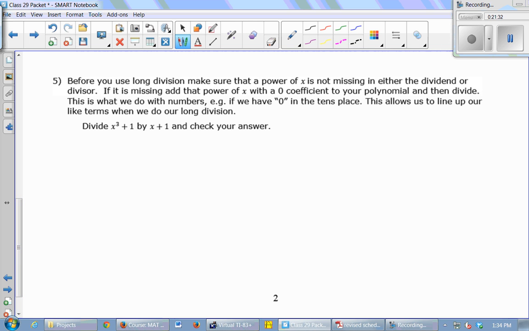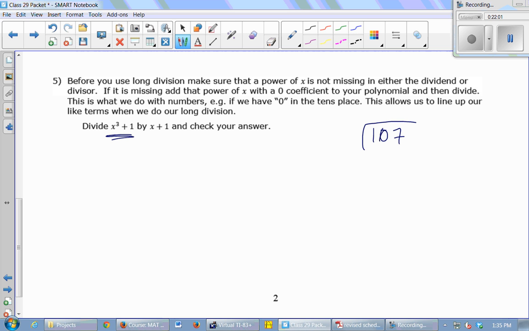Okay, one word of warning. We're not going to do this whole problem here, but I just want to point out, if you have a polynomial that doesn't have every power of x, like x cubed plus 1, which doesn't have an x squared term or an x term, when you're doing the division algorithm, you should add them in with zeros. Just like if I was dividing 107, this is 1 hundred, 0 tens, and 7.